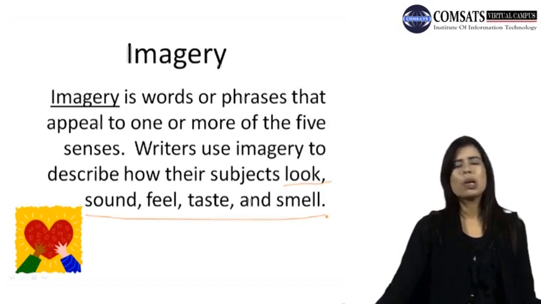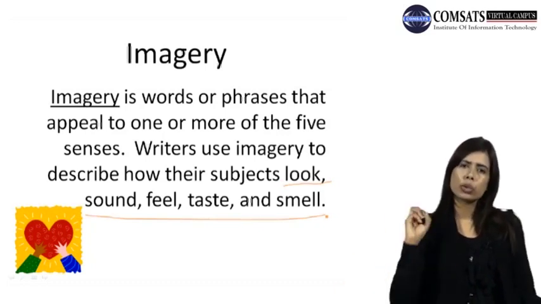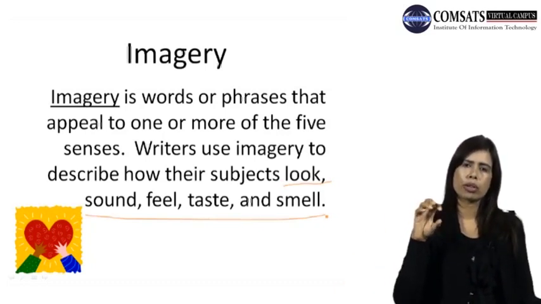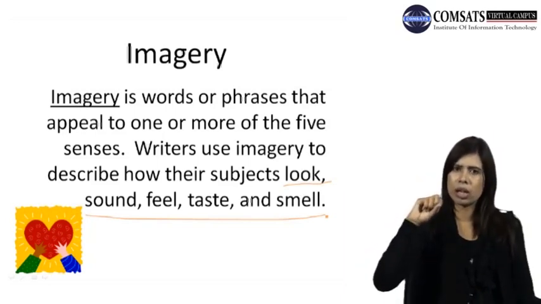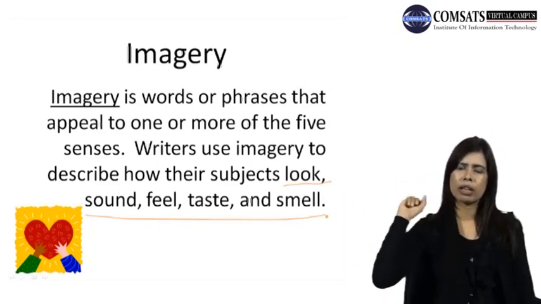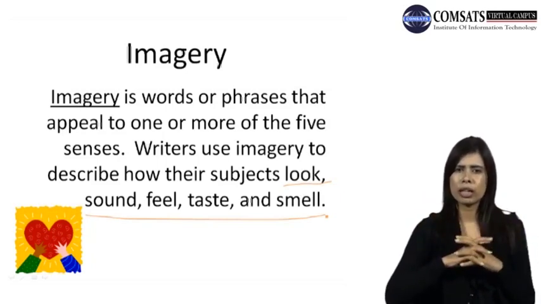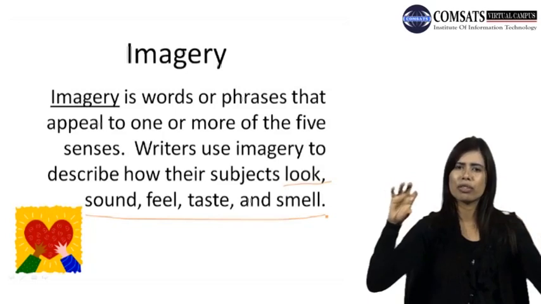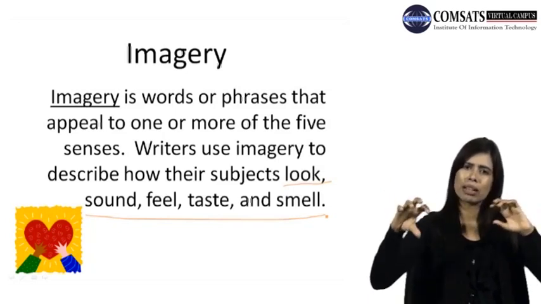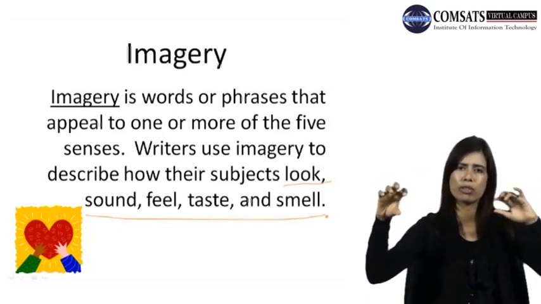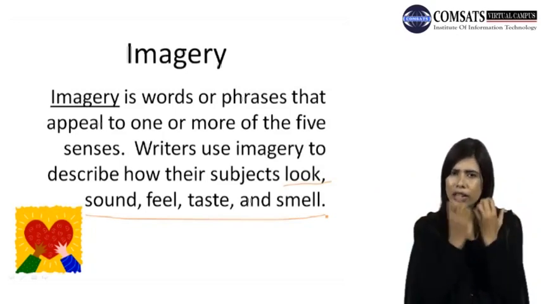Anything which appeals to your senses, for example, if you are talking about a particular dish in any work, say an Italian dish, you have to create that kind of smell. That is not the literal smell, like you will feel that smell.